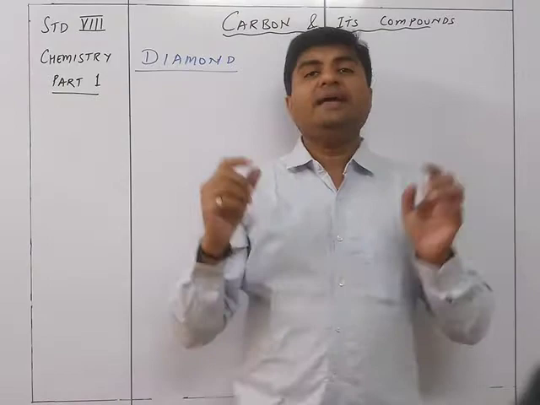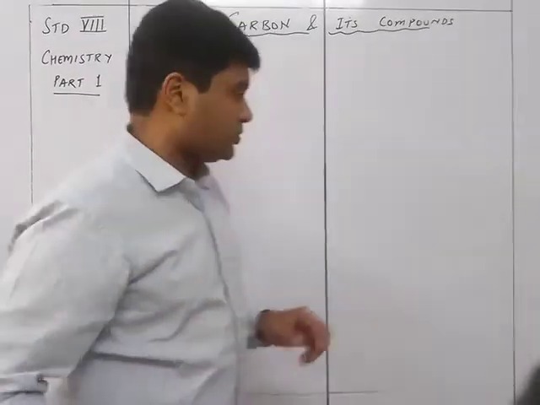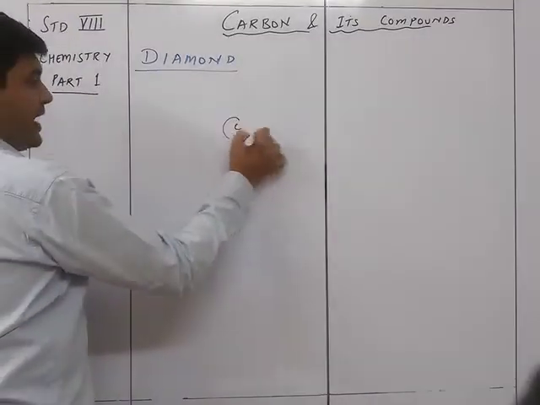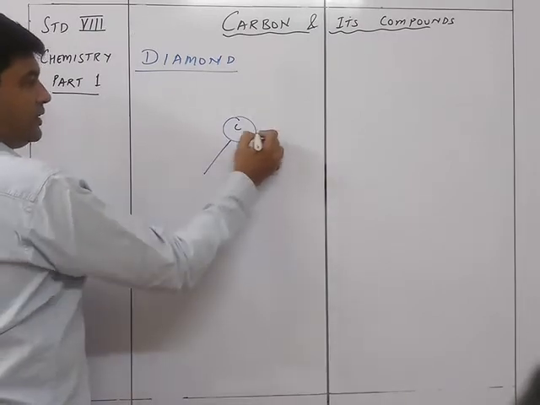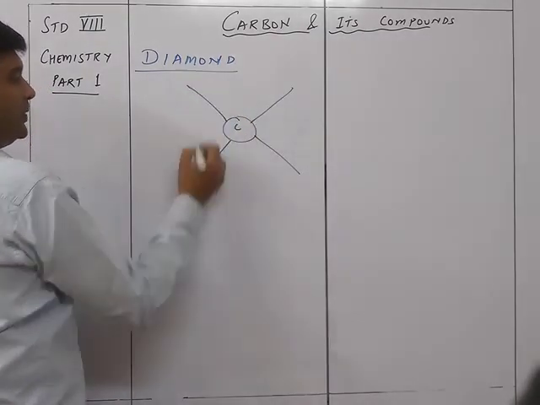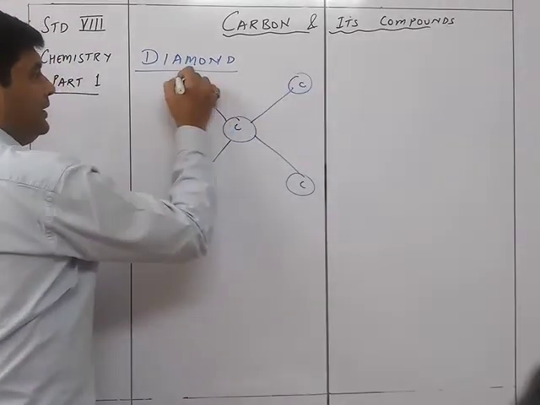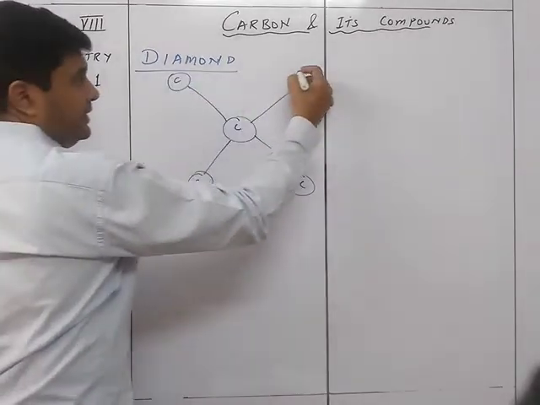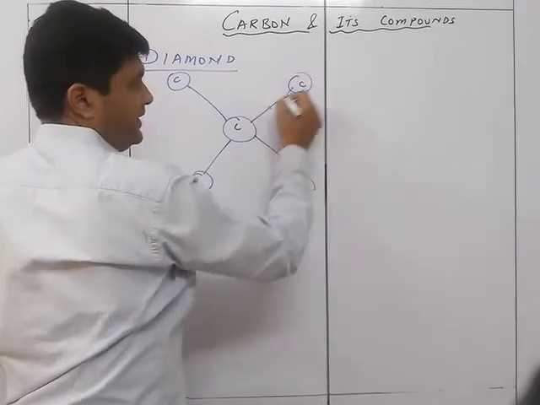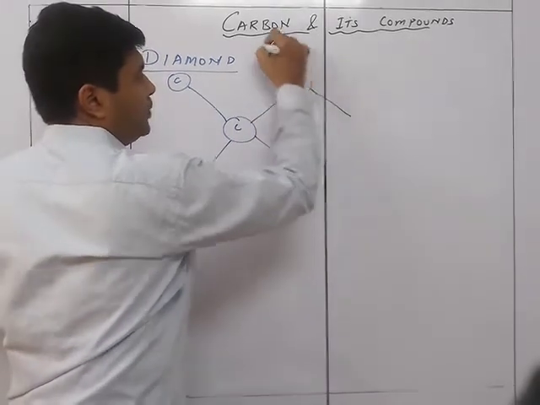In this way, each and every carbon is connected. If this is one carbon atom, it is connected over here, over here, over here, and over here with 4 carbon atoms. Then this again is connected to 4. There is one over here, one over here, one over here.